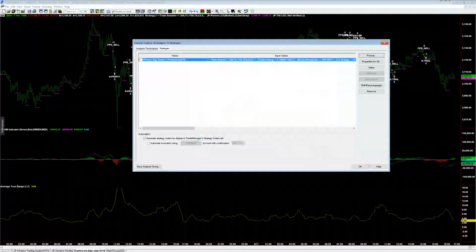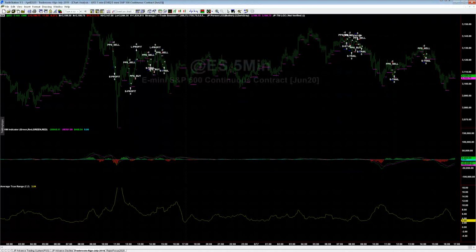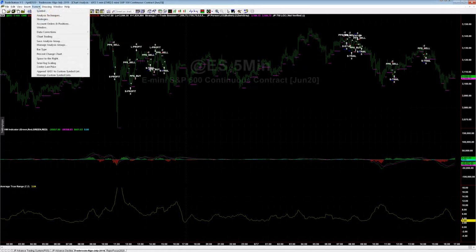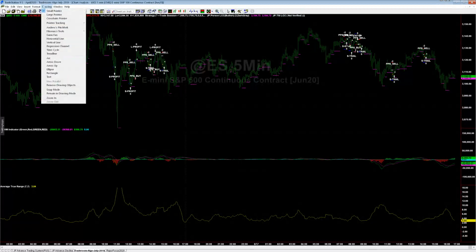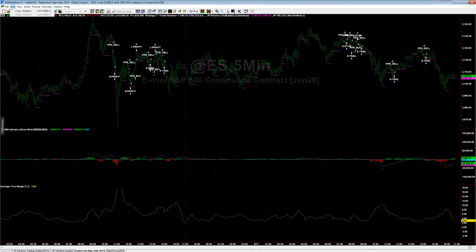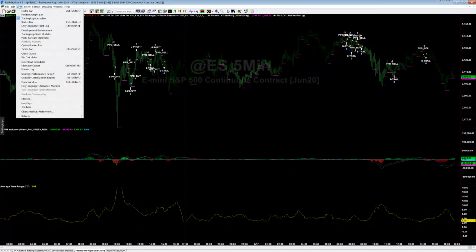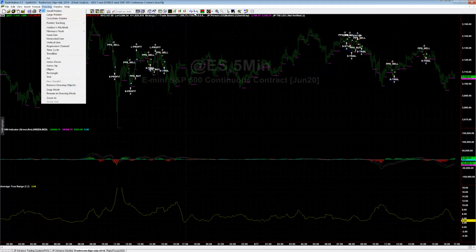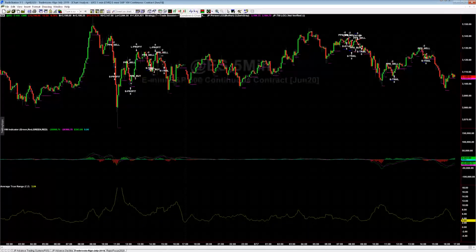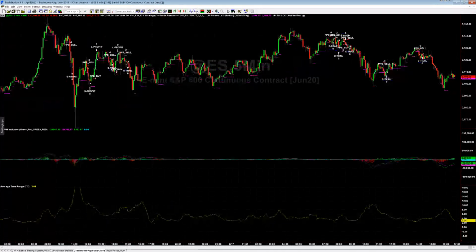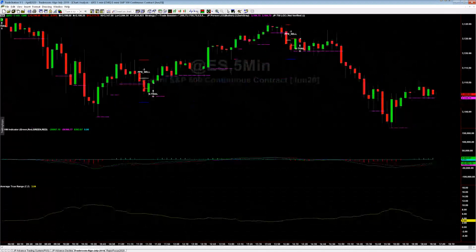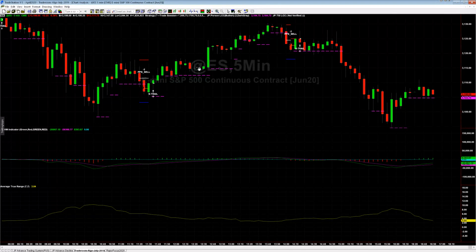So for example, there it is. I just do it this way. I'm looking for a high close doji. Well, let's see. There's a doji. There's a doji.